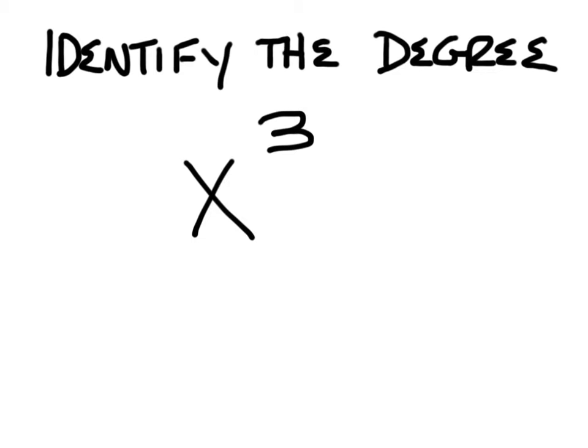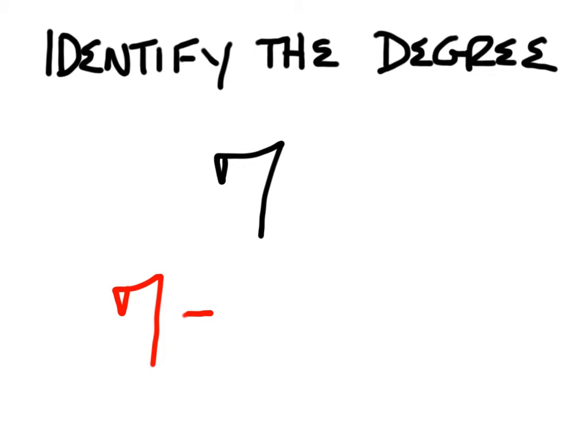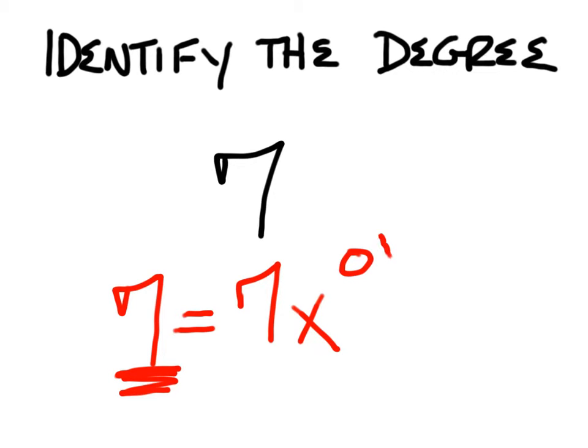Identify the degree of this and drop it off up here. Whenever it's one term, one variable, one exponent, the answer is going to be this. Should be 3. Remember that 7 is the same thing as 7 times x to the 0 power. Anything to the 0 power is 1, so it doesn't change the value of this.